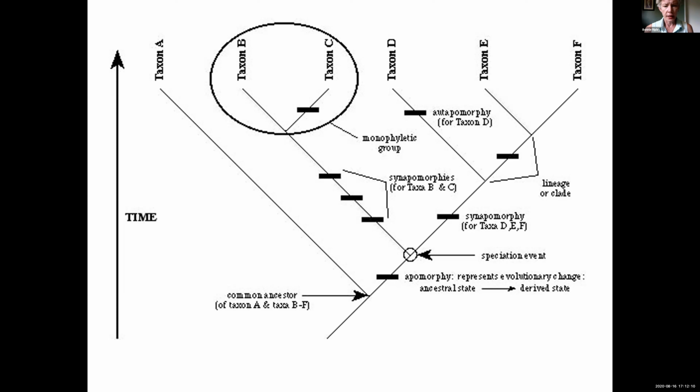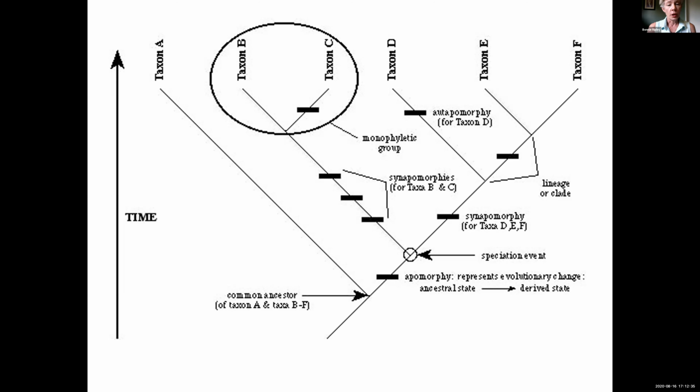And we want to make a distinction between these shared derived characteristics, which are ones we're going to use to tell which organisms are closely related. And then we're going to be able to distinguish between closely related groups because we're going to look for some character that allows us to tell one group from the other.